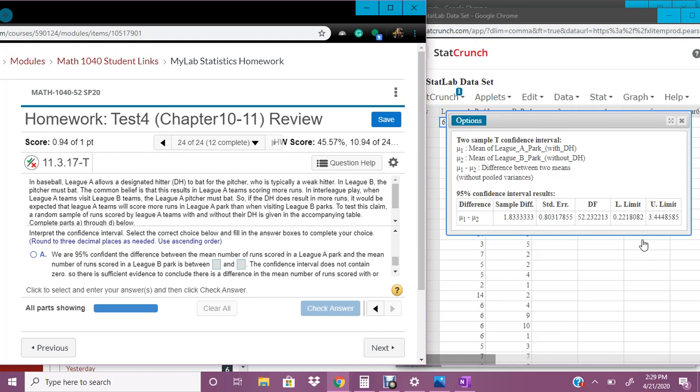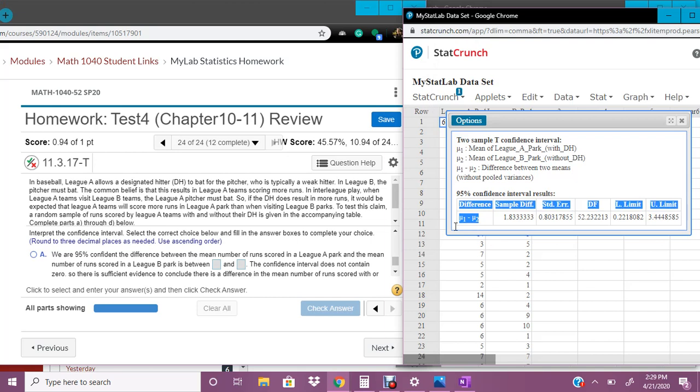We're saying we're 95% confident that the true mean, the population mean, is somewhere in between these two numbers. And if you remember, not just our mean, sorry, the difference of the two means is in between here.